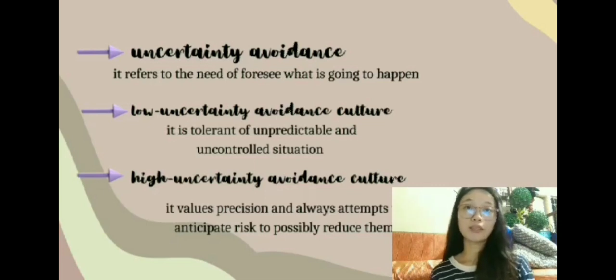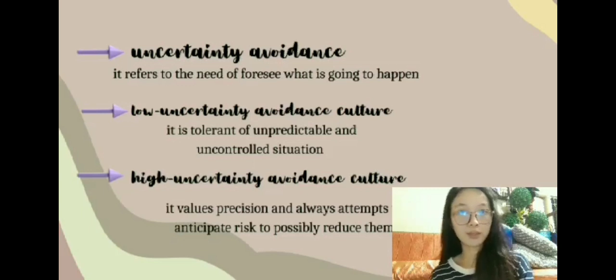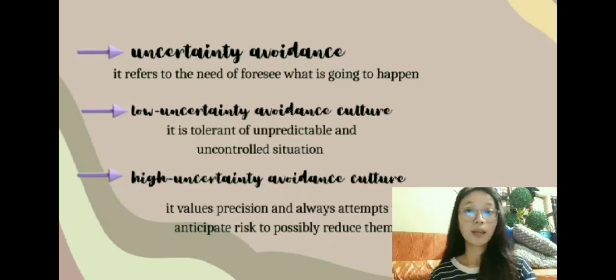Low uncertainty avoidance culture is tolerant of unpredictable and uncontrolled situations. High uncertainty avoidance culture values precision and always attempts to anticipate risks to possibly reduce them.